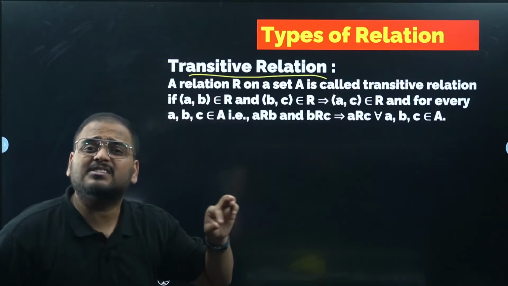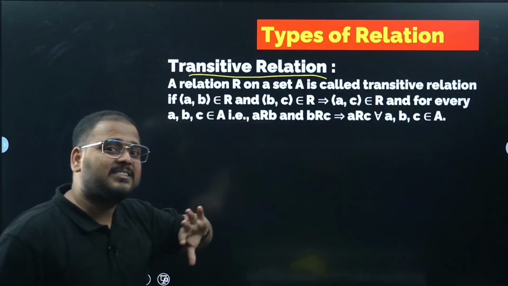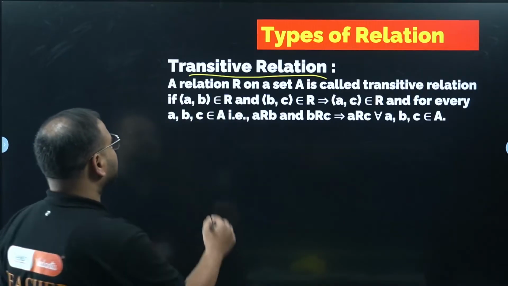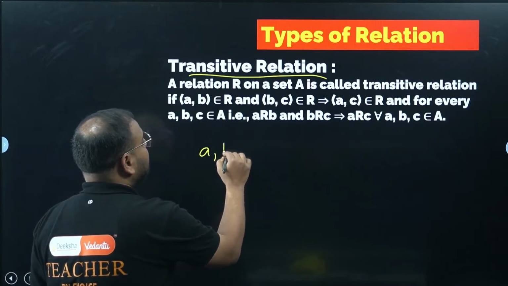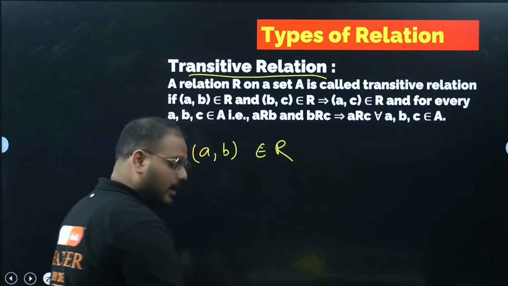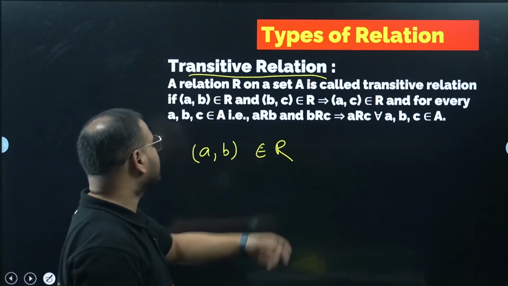Transitive relation. The definition of transitive relation is the easiest. The definition is easiest, but it is actually ironical that figuring it out in a question is the most difficult. What's the definition? It says if A comma B is from the set R, what is set R? It's a relation, okay?